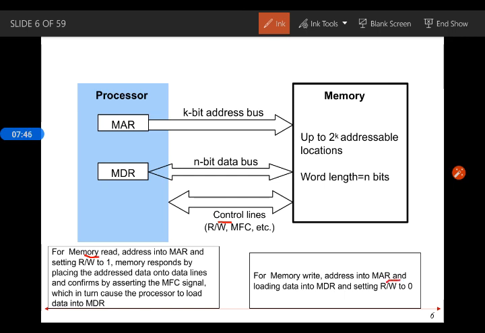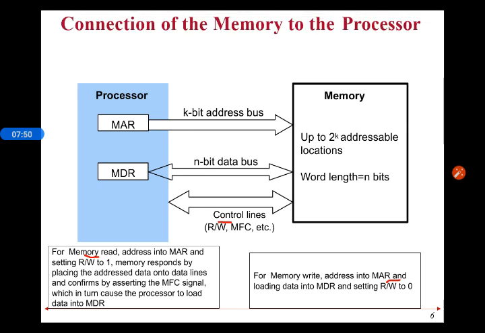When we want to perform a memory read operation, we need the address in the MAR and we set R slash W bar to 1. Reading operation should be active high, and we are setting this line to be active high.